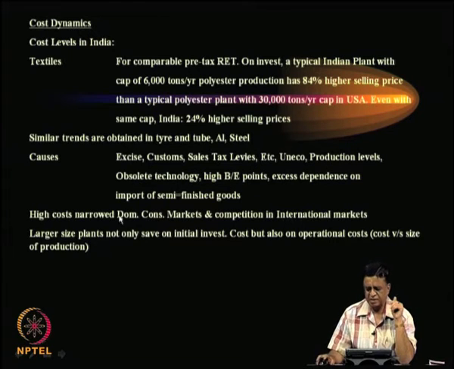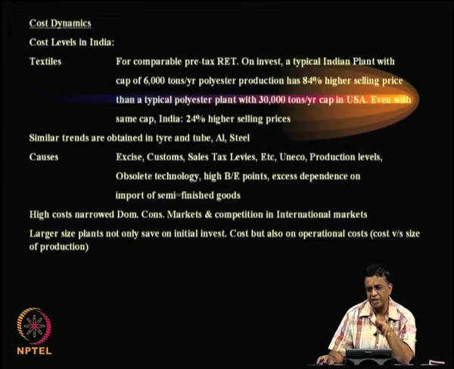Suppose you take the ROI, pre-tax return on investment. The capacity of the plant between India and USA, what is the type of difference that you are finding?